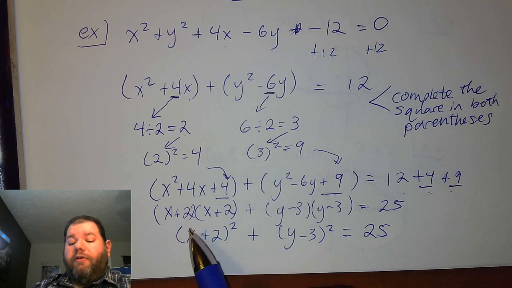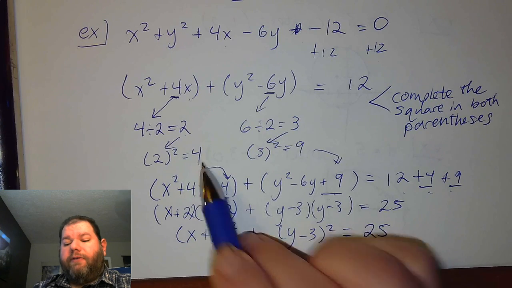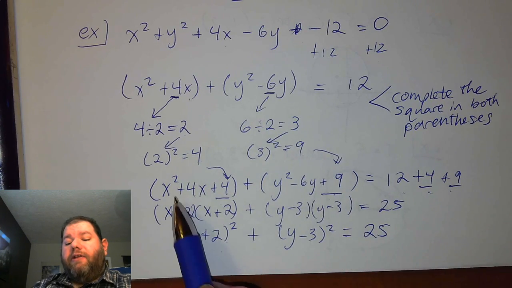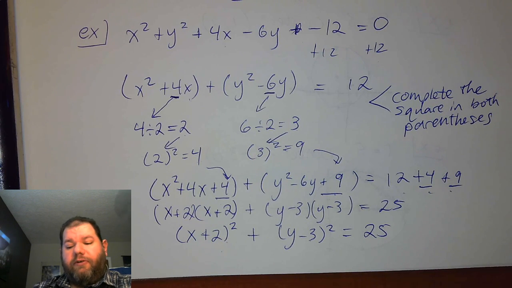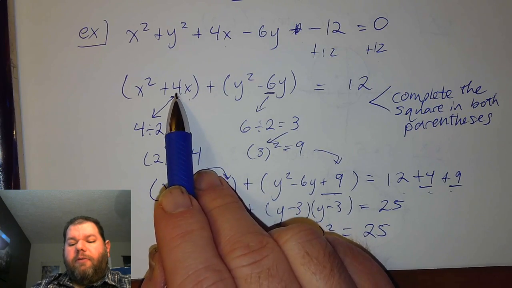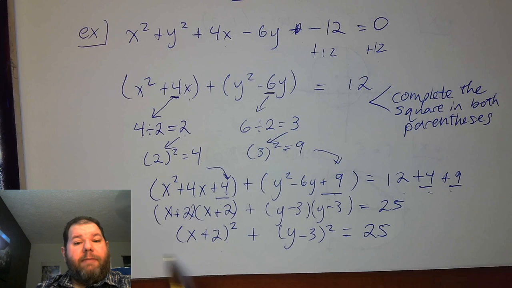But again, the whole concept of how we got this 4 in the first place and how we got this 9 is to set up this situation where it factors into identical terms, which we can write as a single binomial squared. And this process always works when we want to find that setup. Basically, we took this number and divided it by 2 and then squared it, and that basically makes everything else happen from there.